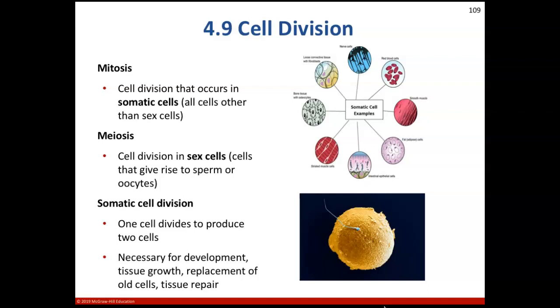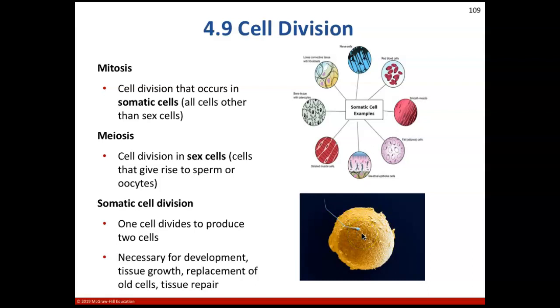Mitosis is cell division that is occurring within our somatic cells. These are basically all other types of cells within our body except for the sex cells. The sex cells will be important in cell division called meiosis, in which it is either our oocyte, the egg, or the sperm cell.